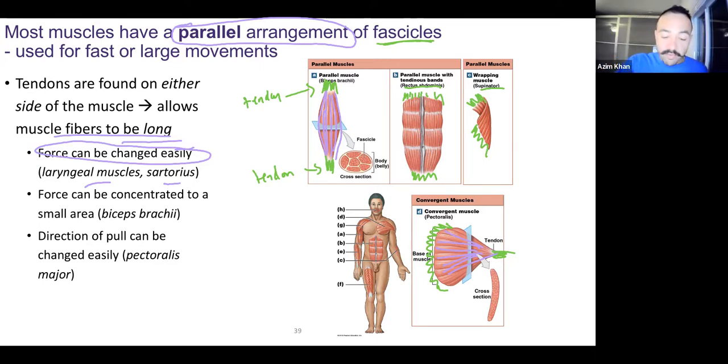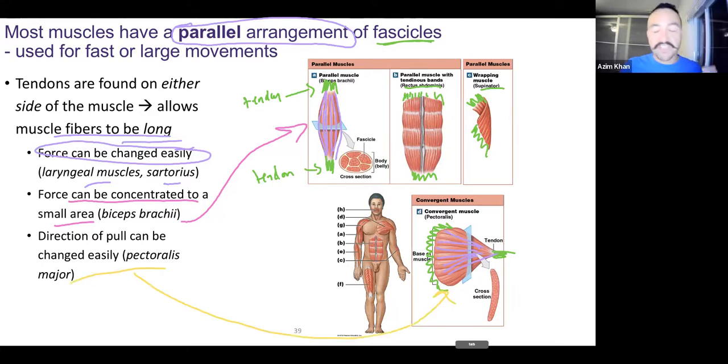In some cases, like with the biceps brachii, that allows you to concentrate force on a small area by having these muscles run parallel. And then when you have them branch out a lot, you can change the direction of pull easily. With your pectoralis, you can move your arm in many different directions.